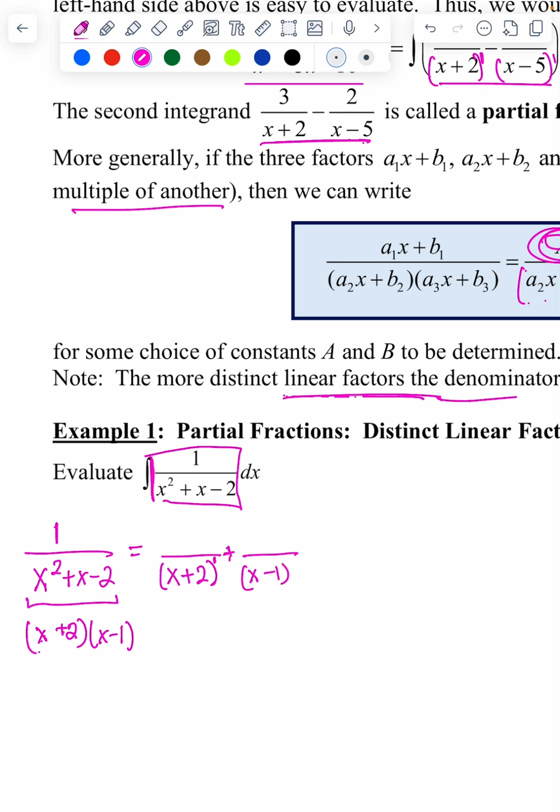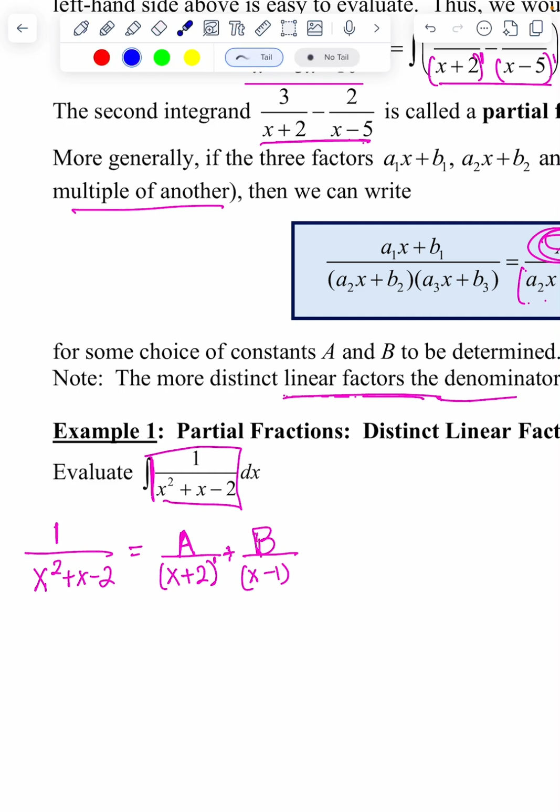Now the question is what was the numerator before all of this, right? So if I set this up and I want to solve for A and B, I want this to equal this. And that will help me figure out what A and B are.